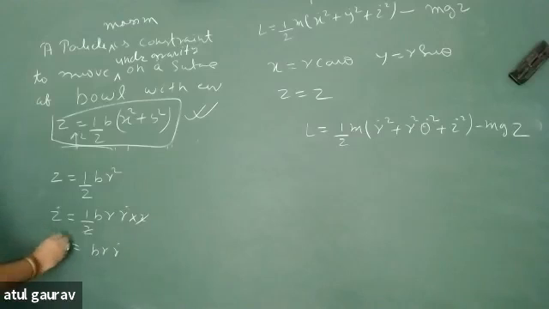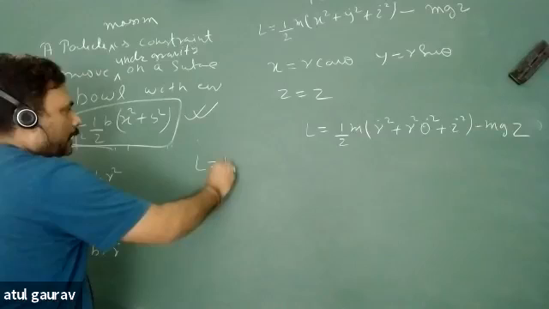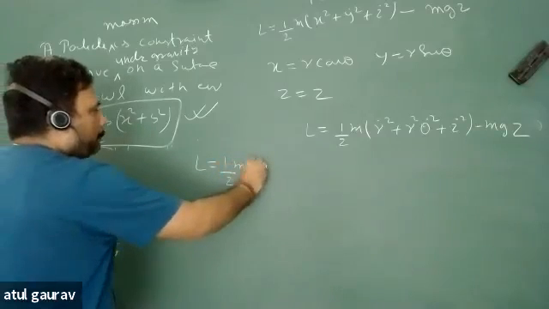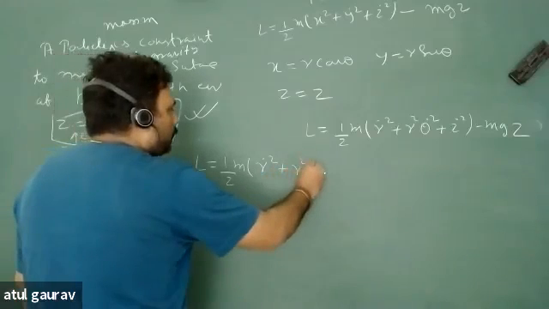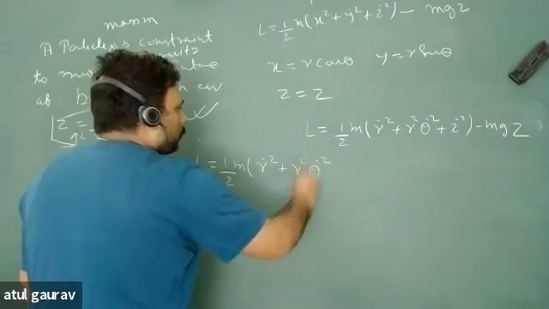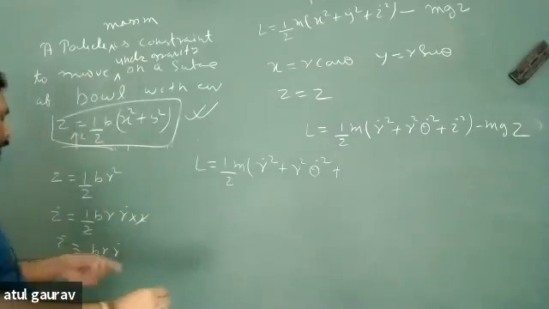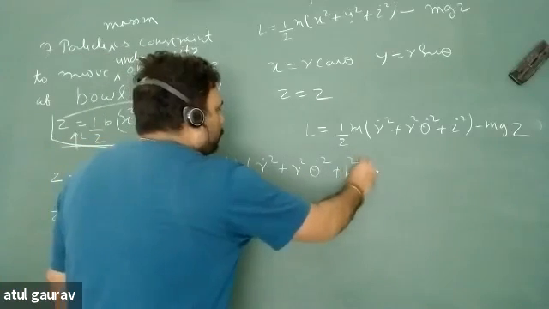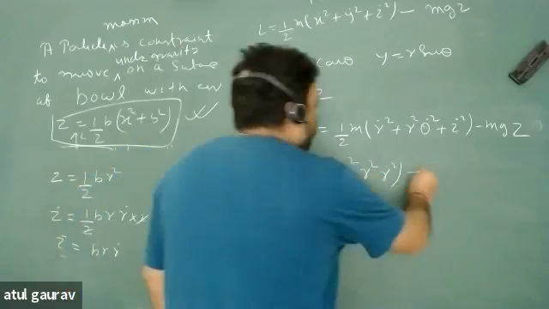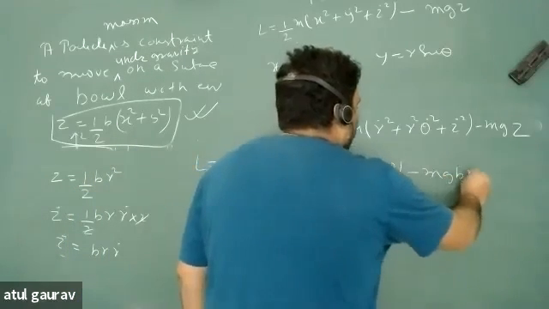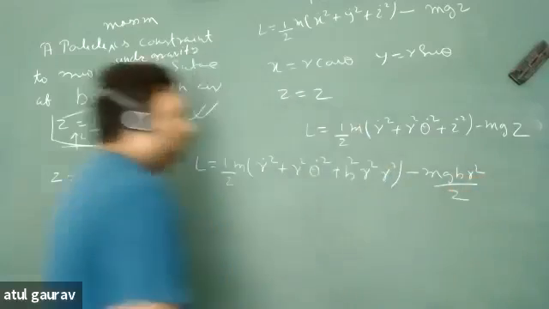We can put z dot as b r dot. Then my Lagrangian will become L is equal to half m (r dot square plus r square theta dot square, and z dot square is written by b square r dot square) minus mgb r square by 2.